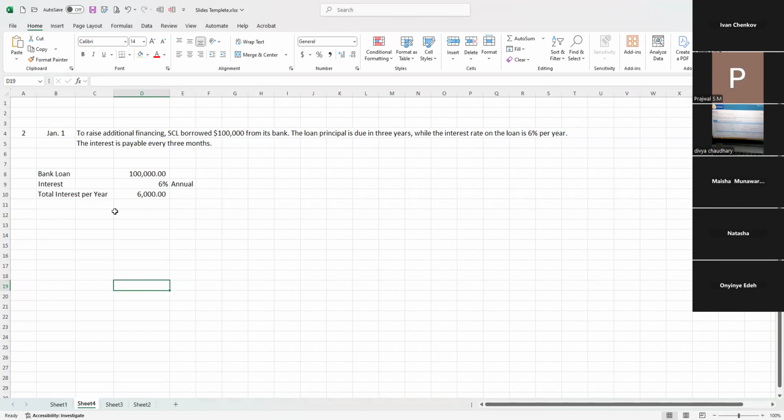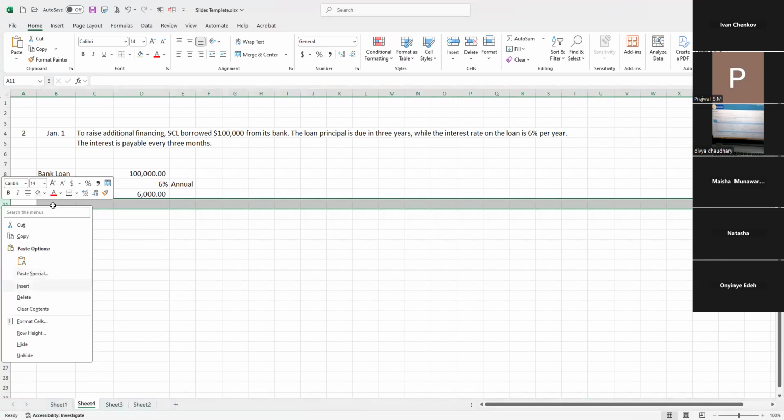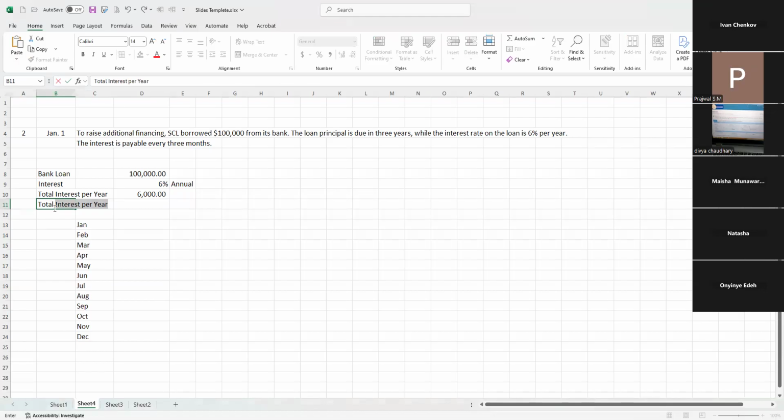That's correct. Now the question is, how much is it per month? It's over 12 months. So 6,000 divided by 12 is 500.